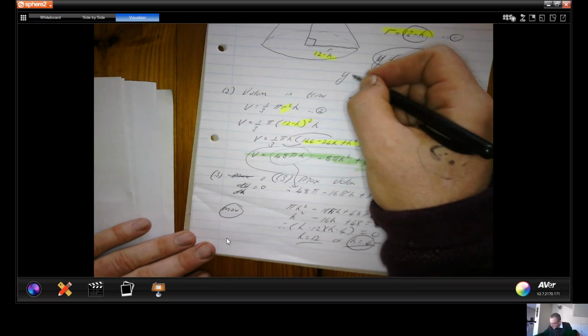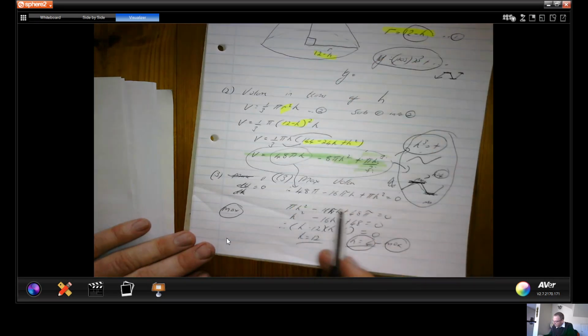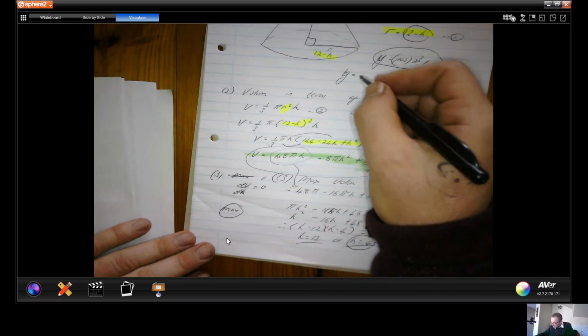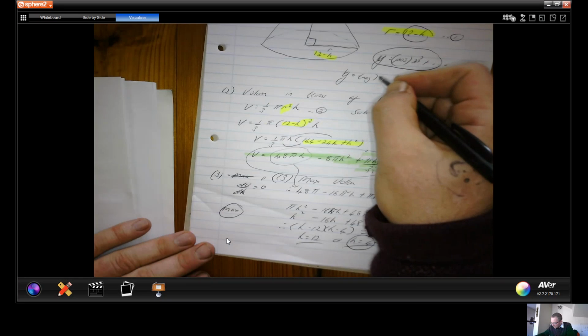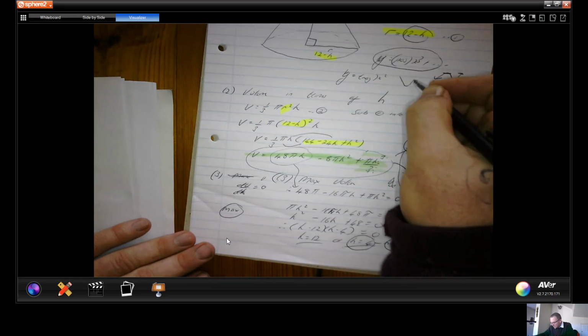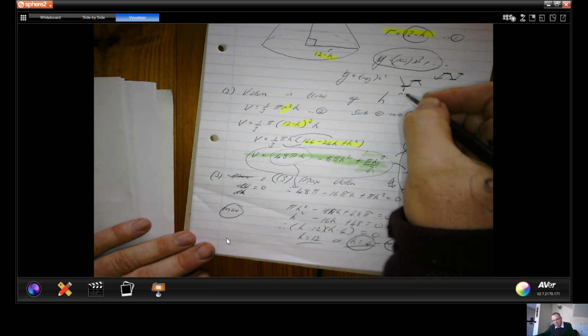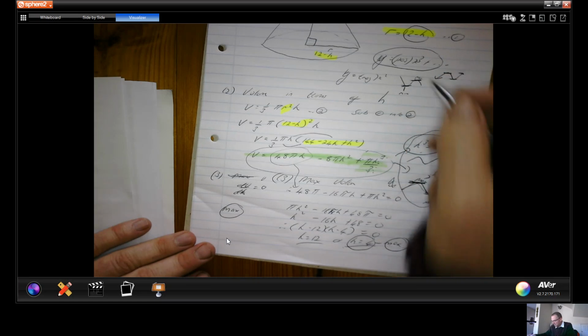But if you had y is equal to a negative x cubed, it would start with a negative and end with a negative, which means that this would be my minimum, and that would be your maximum.